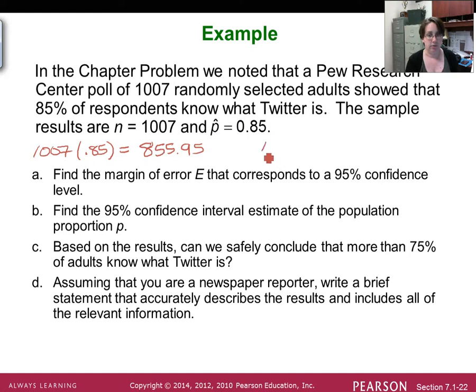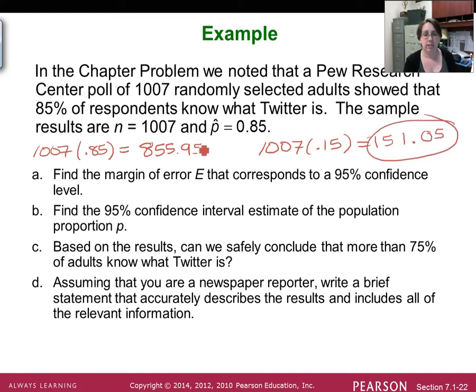And if I do 1,007 times the 15%, 0.15, that leaves me with 151.05. Notice both of these are bigger than 5, or at least greater than or equal to 5. So we do assume that we have a normal distribution. So that's the requirement to having normal when you talk about proportions.